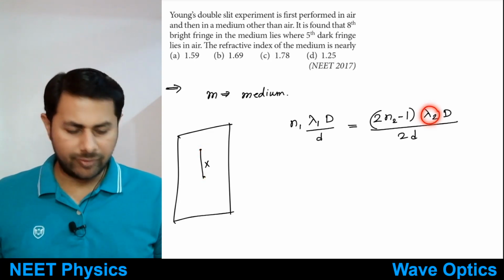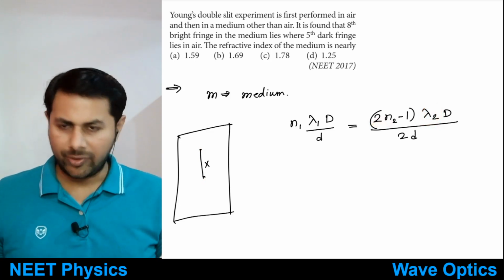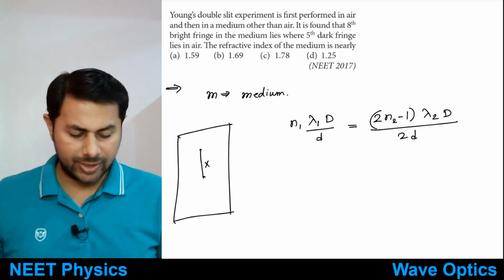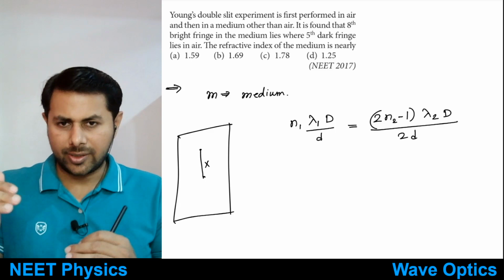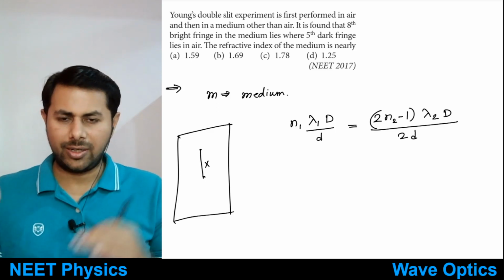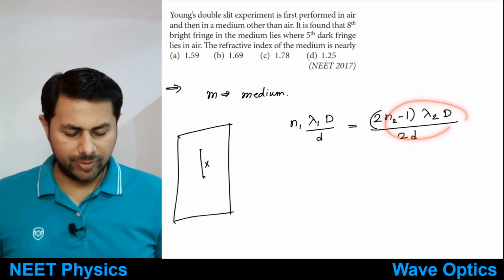Therefore wavelength is changing, right? And in place of n1 bright fringes we are having n2 dark fringes. So condition for dark fringes is, or distance of nth dark fringe is equal to (2n minus 1) lambda D by 2d, and that's why we are using this formula for the medium.